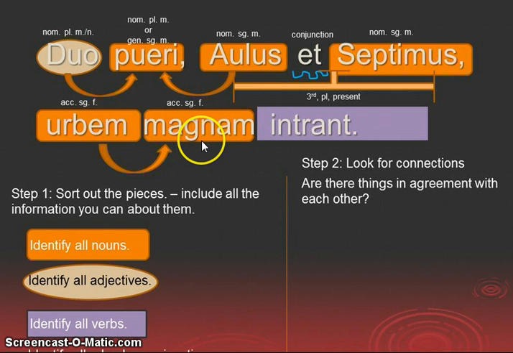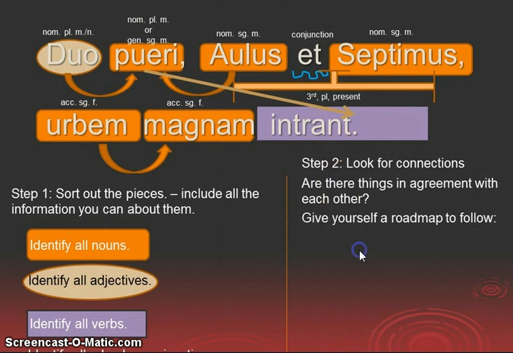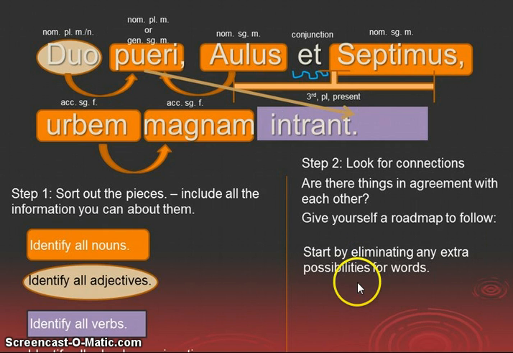Urbem magnum is accusative case, and pueri is nominative plural, so it could agree with intrant. Now we have a roadmap. Next, we start by eliminating any extra possibilities for words.